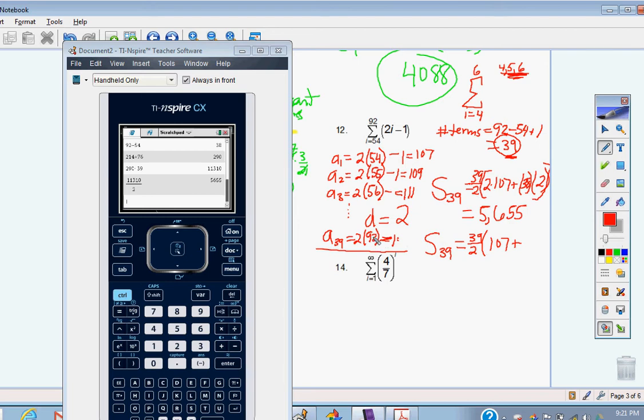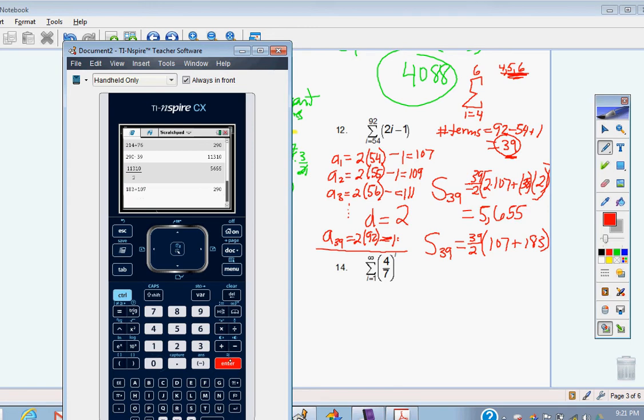You'd have to get 184 minus, that'd be 183. So if you took 183 plus 107, there it is, 290. And then just like we did before, multiply by 39, divide by 2, and you're going to get the exact same answer.